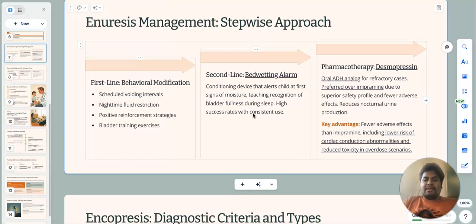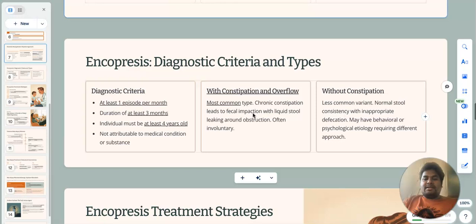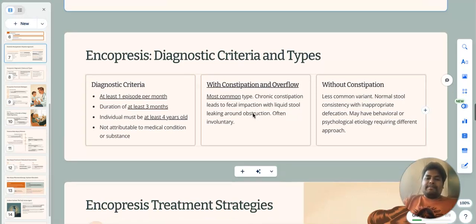Now we go to encopresis. Again, it's a condition in which the child must be at least 4 years old, not 5. It must have at least 1 episode per month, not per week, for at least 3 months.